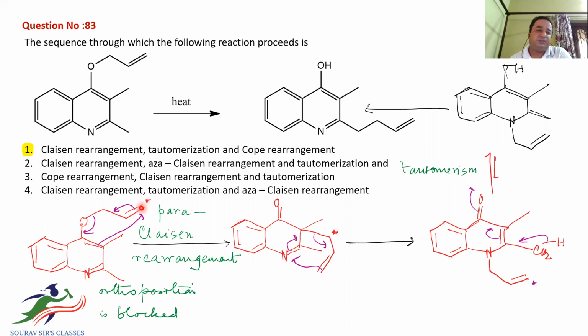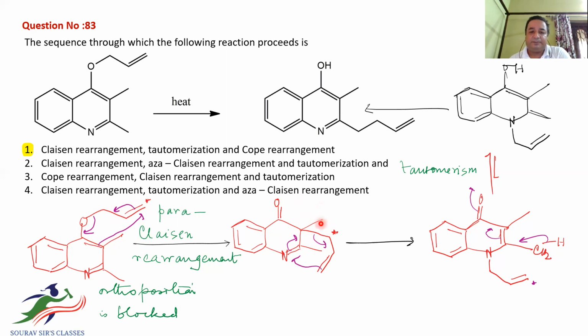Just to make you understand the movement of the carbon and the connectivity, I have put an asterisk sign over here. So when there is the first 3,3 rearrangement, this carbon will join over here, and the movement of electrons will be like this, as shown in the arrow. This bond will break, so there will be a C double bond O, and this pi bond will come over here, and this particular carbon will join over here. So if we do the rearrangement, we get this kind of molecule.